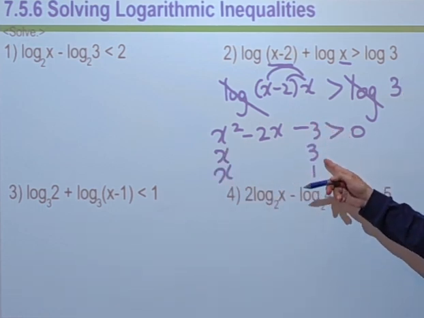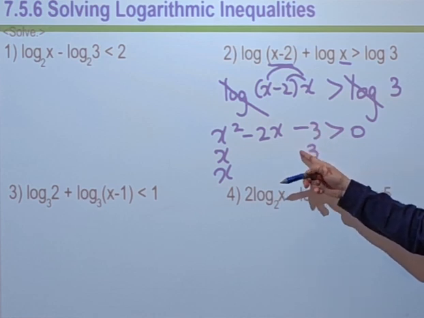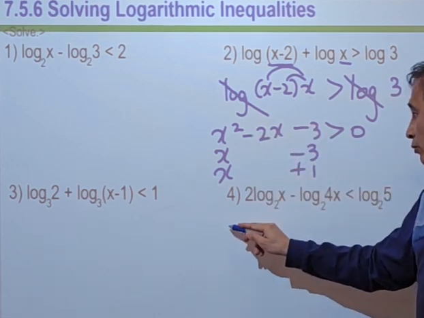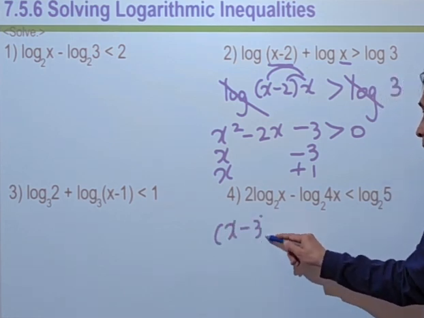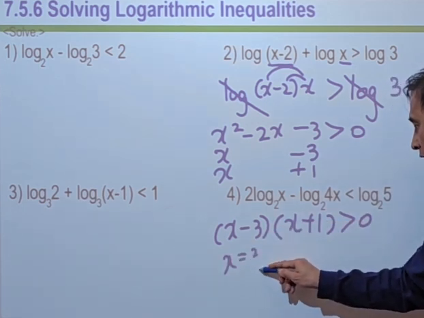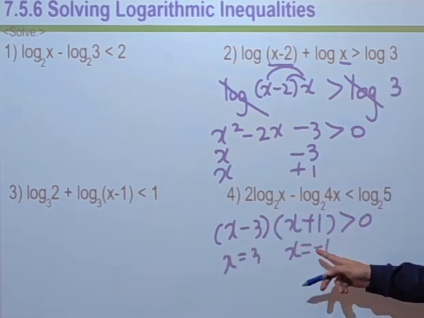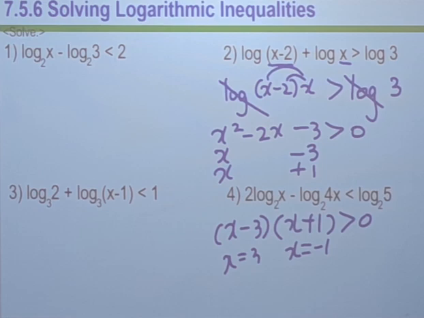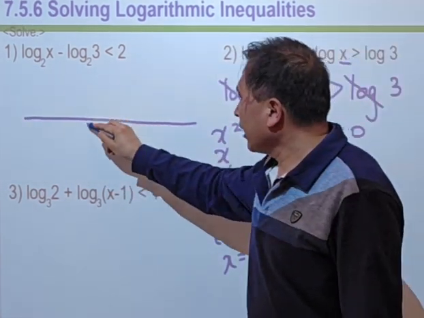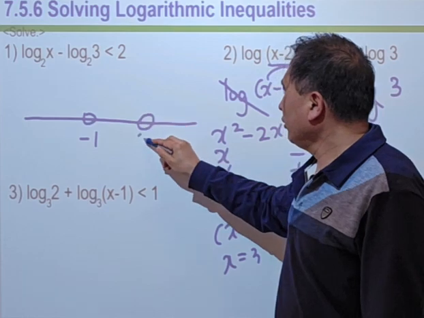Factors of 3 and 1, the sum is negative 2, so x minus 3 and x plus 1 is bigger than 0. So x is 3, x is negative 1. For an equation, that's the answer, but for an inequality you need to find the interval. So negative 1 here, 3 here.